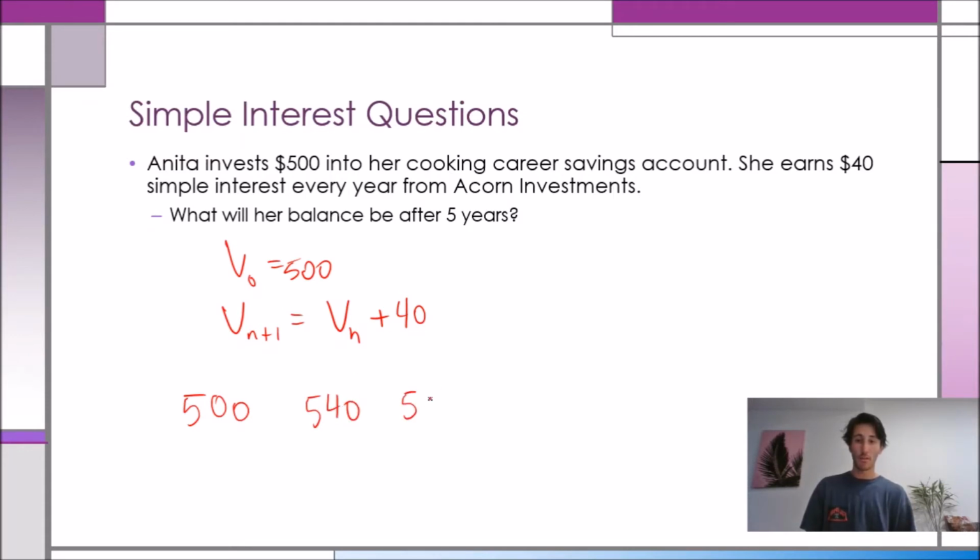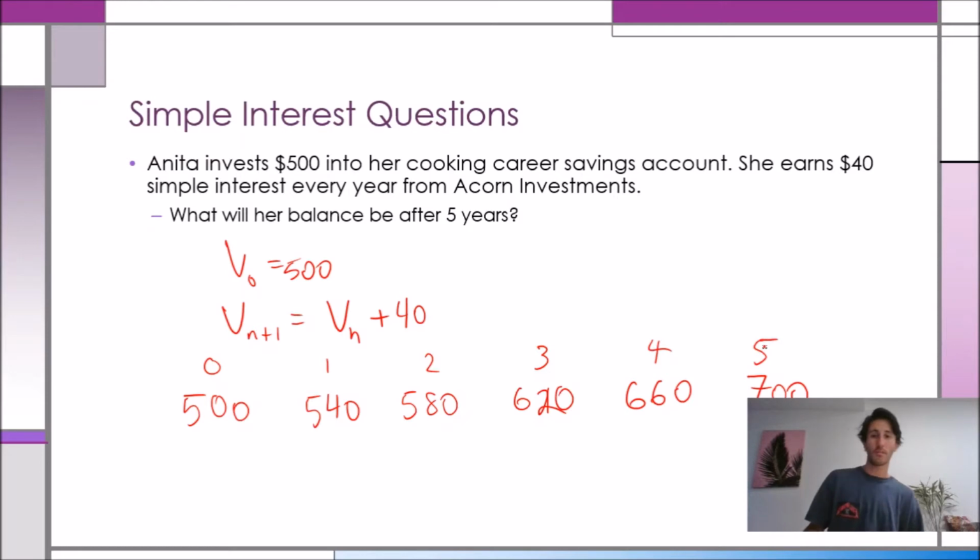Then we add another 40, 580, another 40, 620, then 660, and 700. And if we write, this is the starting value, so 0, 1, 2, 3, 4, 5. So after 5 years, we have $700 in the savings account.